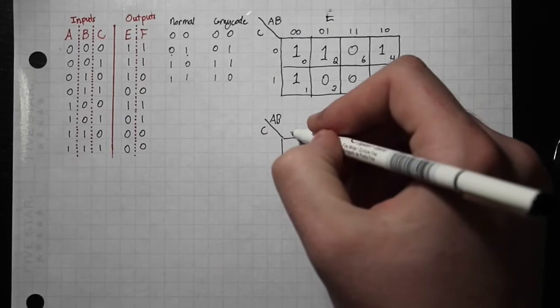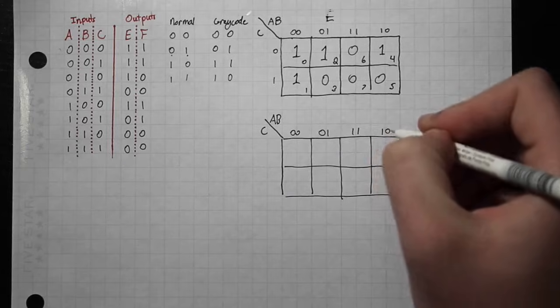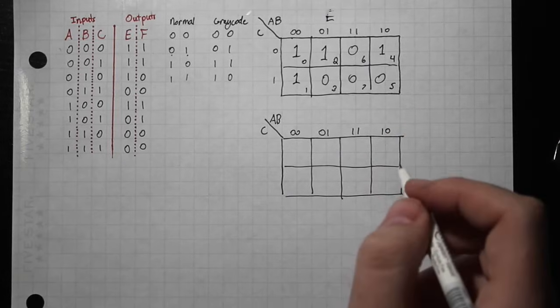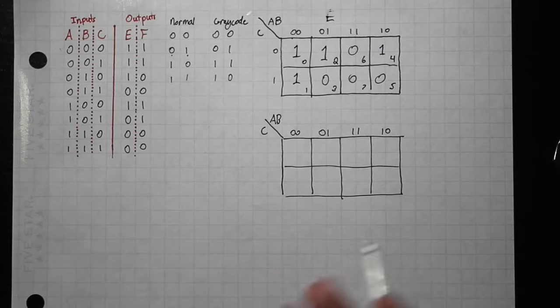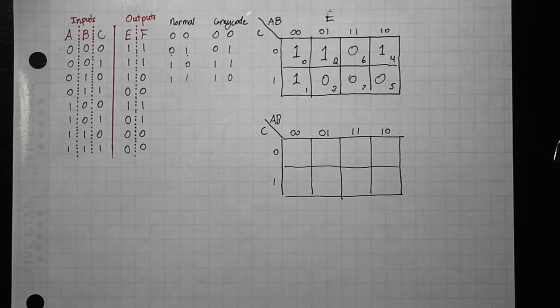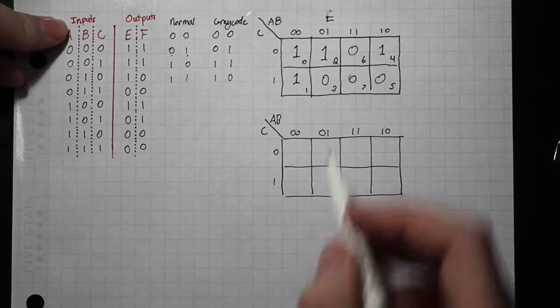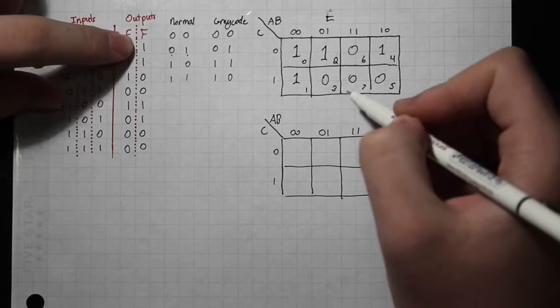Anyway, let's go ahead and do our gray code. So 0, 0, 0, 1, 1, 1, 1, 0. Don't forget that, or else your Karnaugh map is going to be wrong. And everything after your Karnaugh map, which you'll see what we're going to do next, will end up being wrong as well. So then we'll do 0, 1, and then we'll just go down the line. So we'll look at our pattern here, 0, 1, 2, 3, 4, 5, 6, 7, and we'll just fill this in.